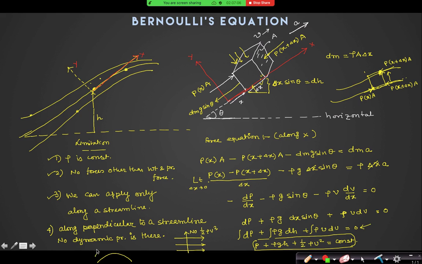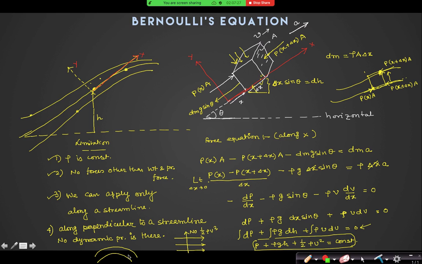If the streamlines are curved, then there is a net acceleration, and then I cannot use this one. Then there will be a term of half rho v square, but it is not in your syllabus. We will not study that in detail.